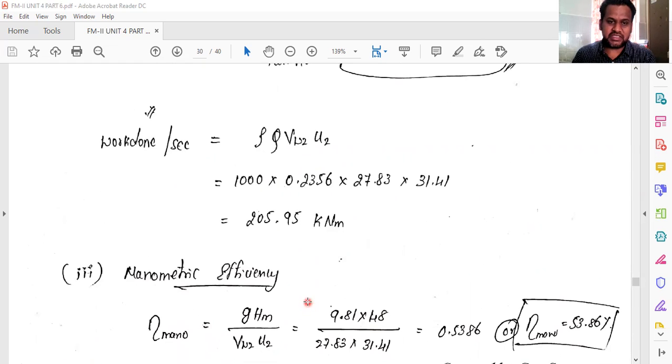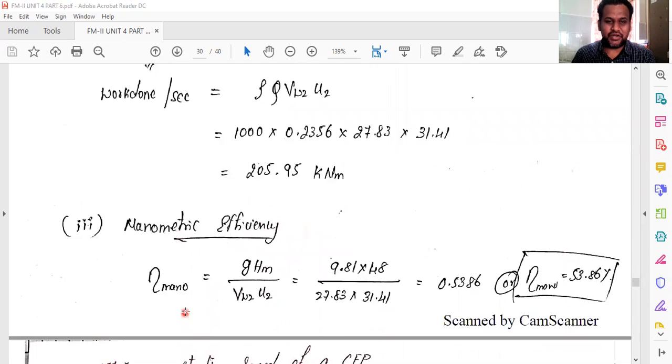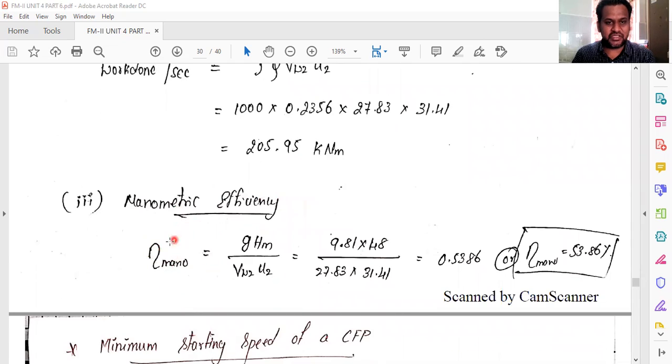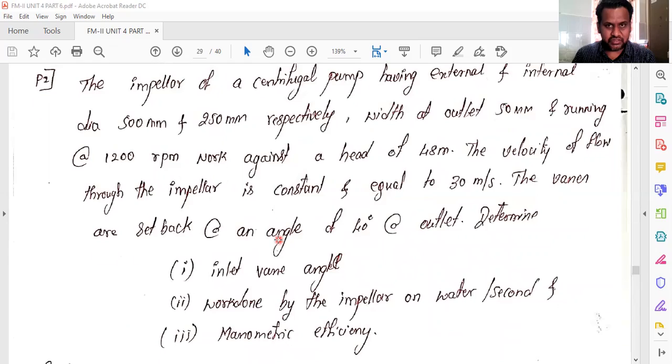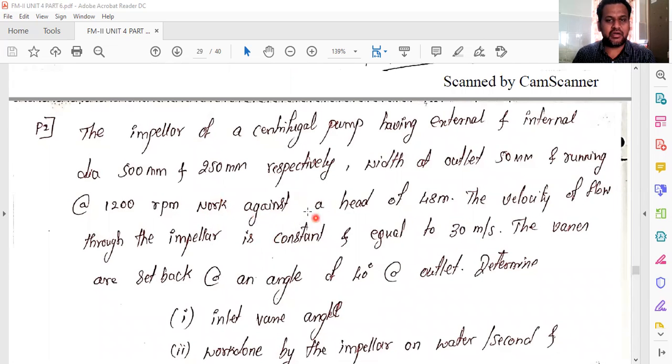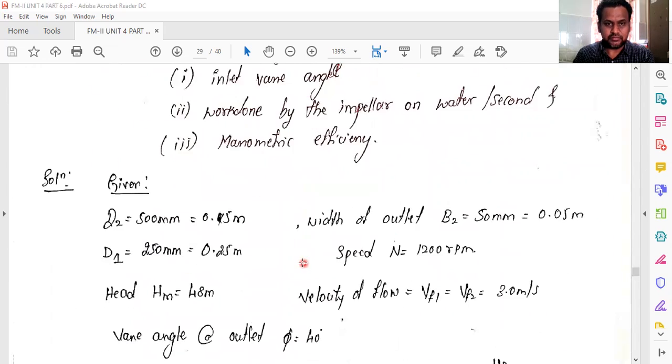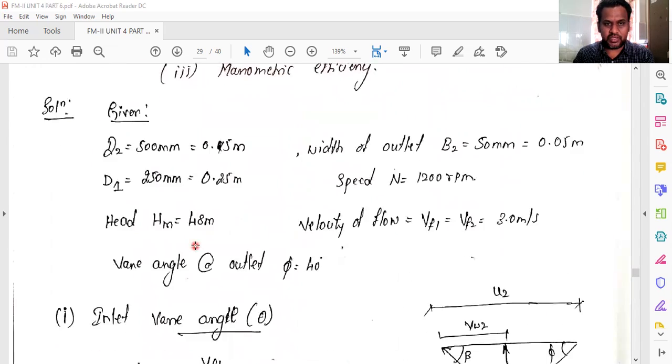The last one is asking manometric efficiency, and you know the formula directly. Manometric efficiency is equal to g into Hm divided by Vw2 U2. Vw2 is known, U2 is known, g is known, Hm is already given in the numerical, that is the head against which the centrifugal pump has to work, that is 48 meters. Head, manometric head.